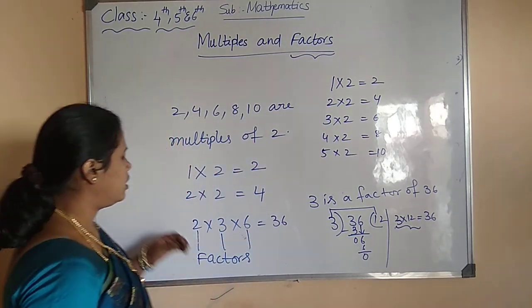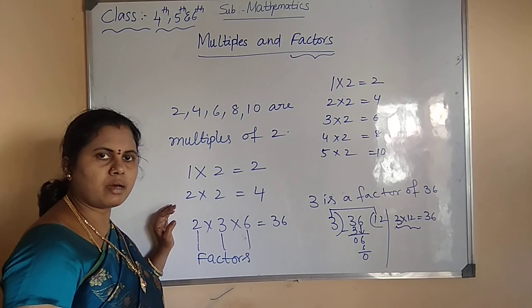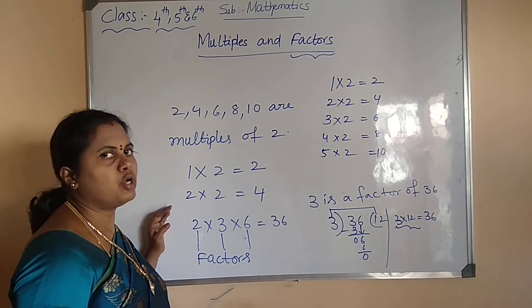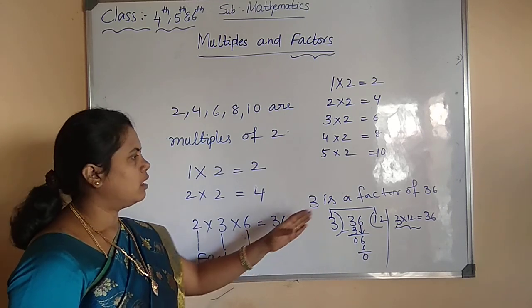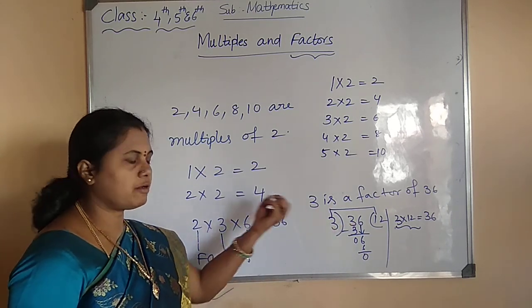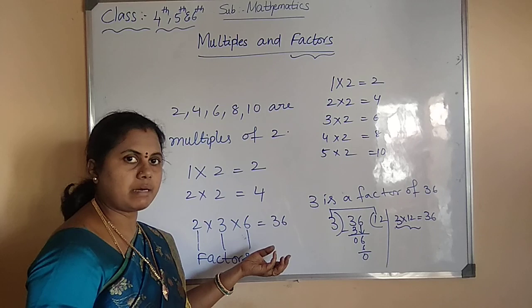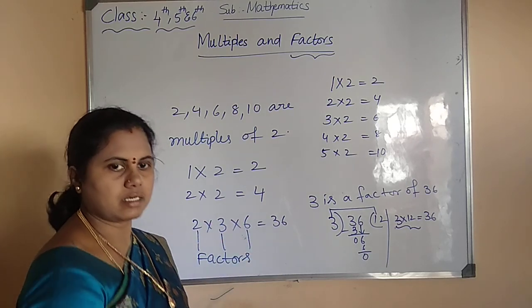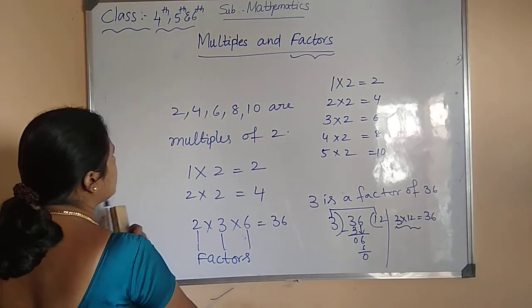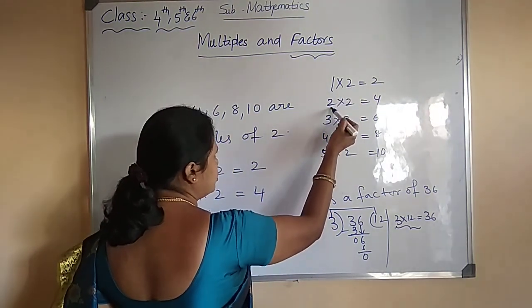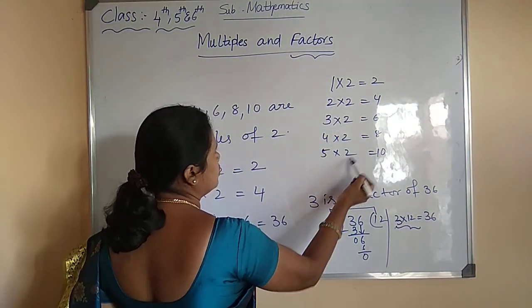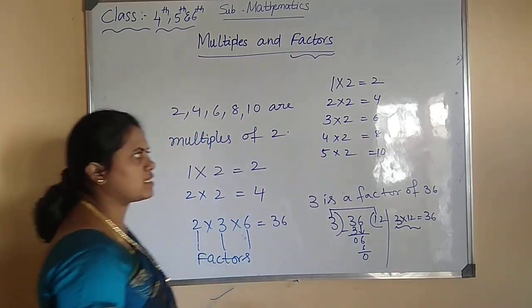If you write the product of 2 or more numbers, you will get a multiple. The numbers you have written in the product are called factors. See here, if you multiply 1, 2, 3, 4, 5 with 2, you will get 2, 4, 6, 8, 10.